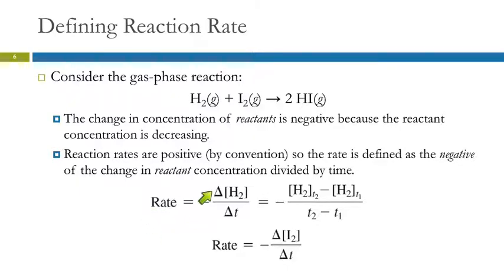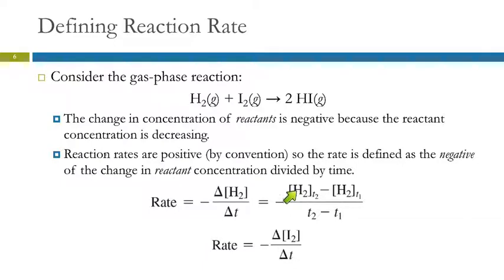So when we're talking about the change in reactant concentrations, we're going to put a negative sign in this equation so that when it's combined with this negative quantity of delta concentration of H2, overall we get a positive number. So it's the change in hydrogen concentration divided by the change in time.